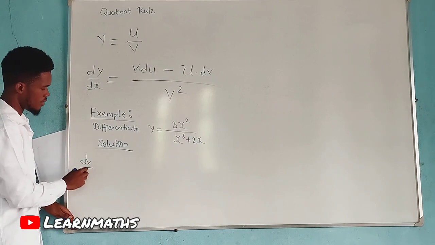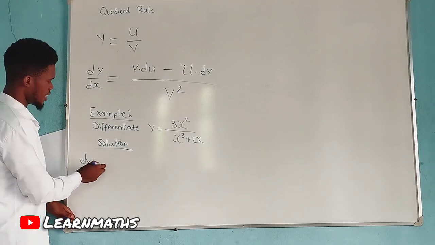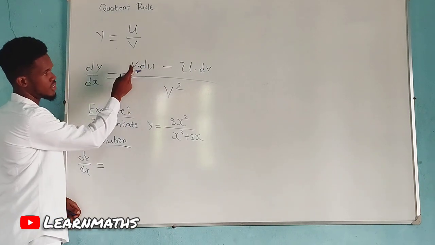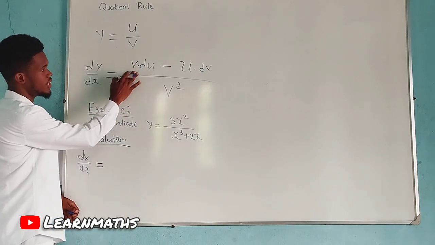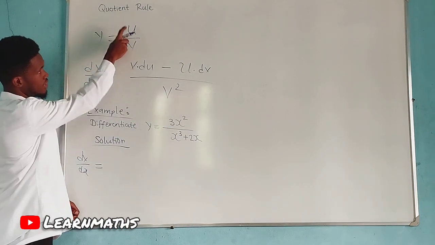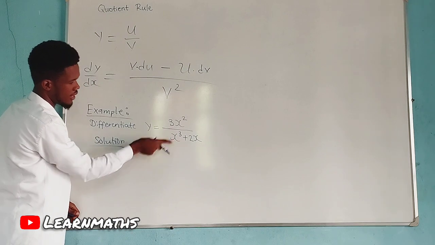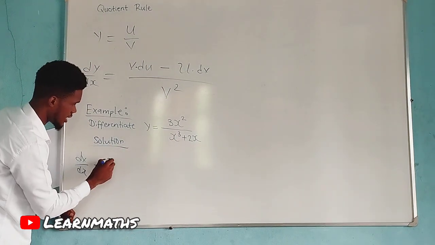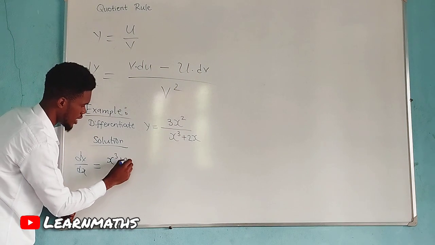dy over dx, that's the differential, is equal to v du minus u dv. We multiply v with the differential of u. So what's our v? This is our v, so let's multiply this v. That's x raised to the power 3 plus 2x.